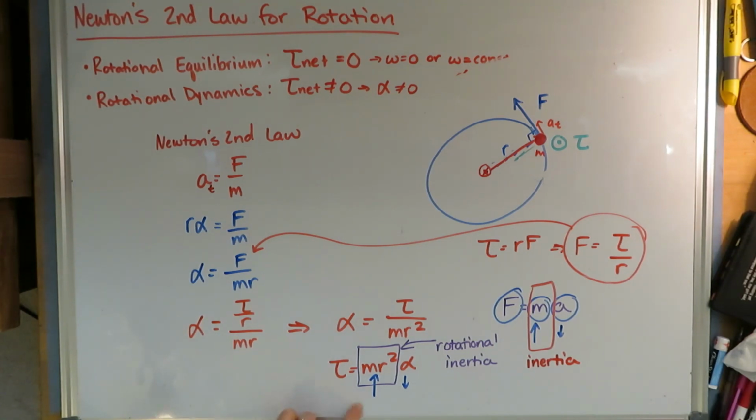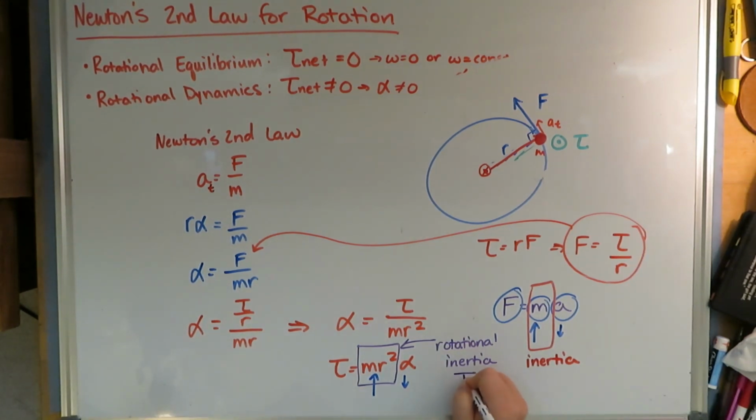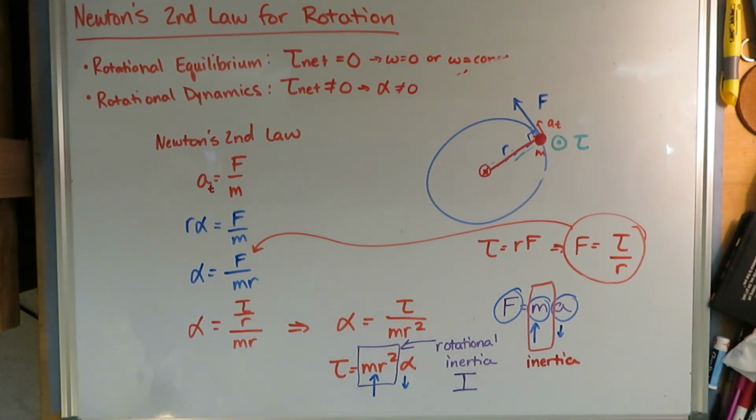Rotational inertia is one of the more difficult concepts for some people to understand in this unit. We're going to spend a lot of time talking about it tomorrow. But to simplify it, we call rotational inertia I, I for inertia.